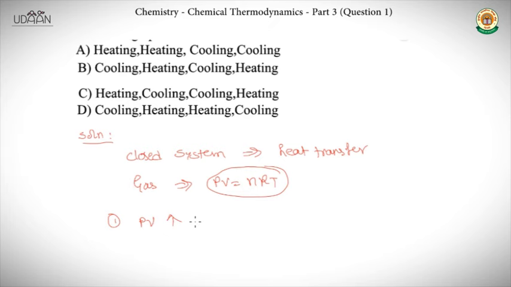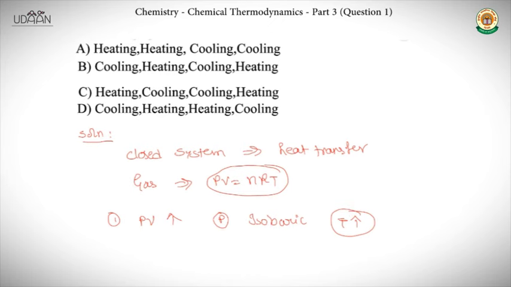Since pressure is constant, it is an isobaric process, but volume is increasing, so product PV is increasing. PV equal to nRT, so temperature will increase, because the whole product nRT is increasing, and n and R are constant. So since temperature is increasing, it is heating.